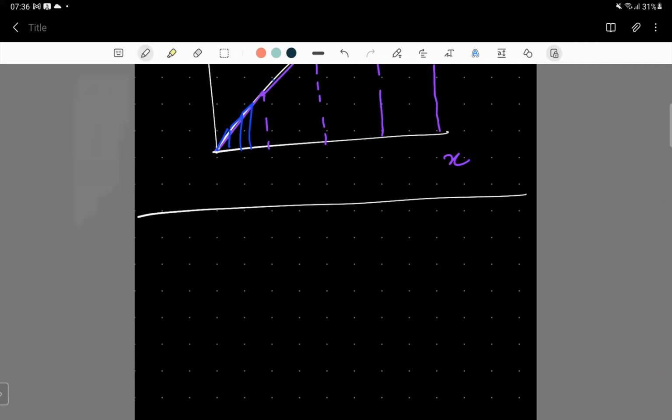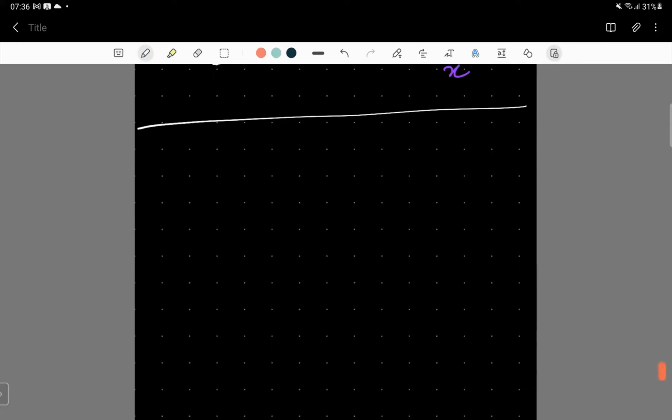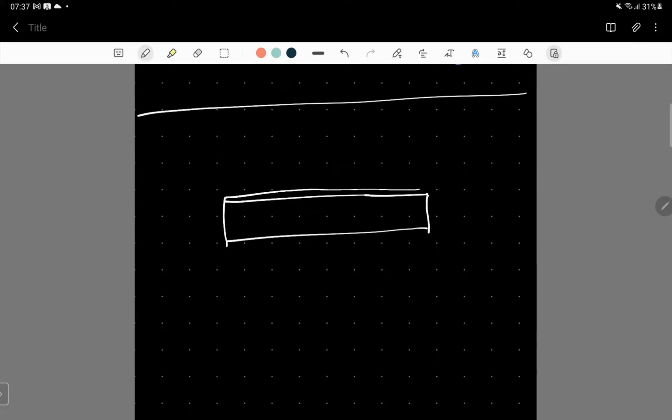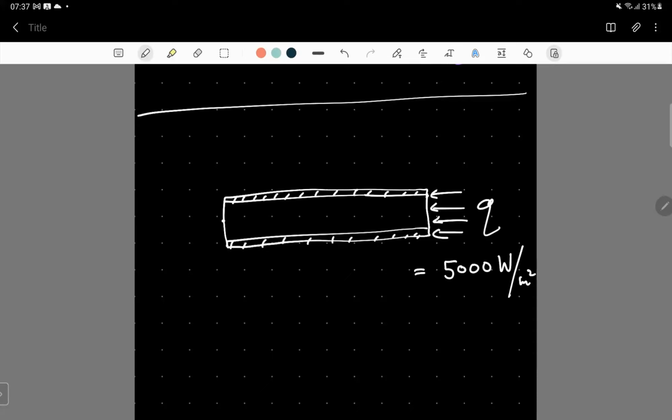Let's consider this fin to be insulated on the perimeter. It is subjected to a heat flux of 5,000 watt per square meter on one end, and on the other end it has a constant temperature of 100 Celsius degrees, constantly maintained.